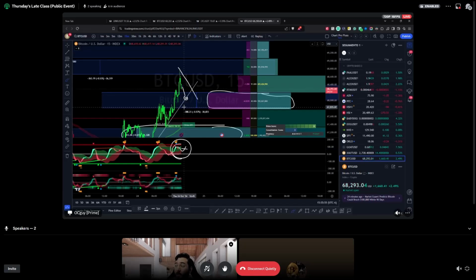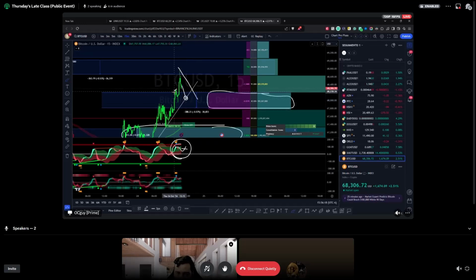This is one of the areas where we want to jump in. I know I said we usually try to stay away from retail areas, but in this case, it's acting as a support. It's stopping the fall.